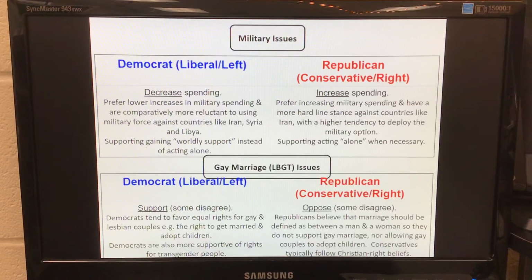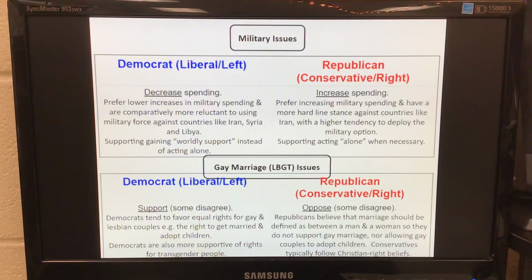Okay? We call them the Christian right. There's a reason why they're called the Christian right, because they're over here to the right. Okay? And so a lot of the baseline ideas of the Republican Party will come from those religious beliefs and convictions.